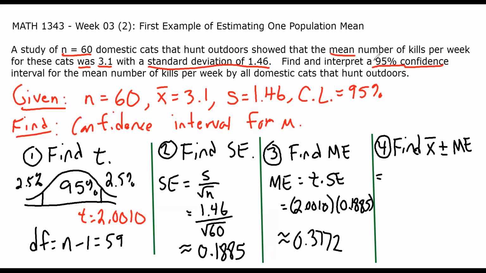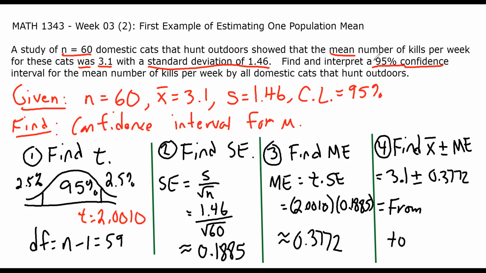Well, this is pretty straightforward. Our x bar is 3.1, plus or minus our margin of error, 0.3772. And so we'll write our answer in the form from the lower number to the upper number.